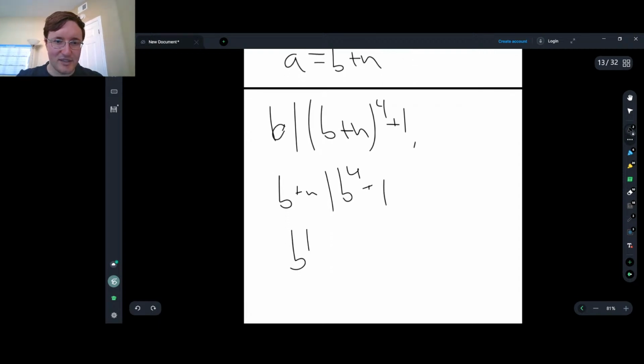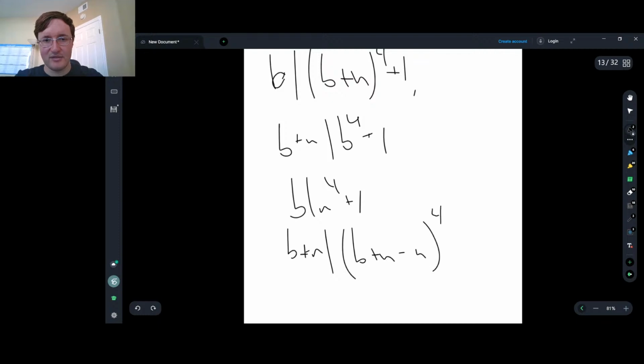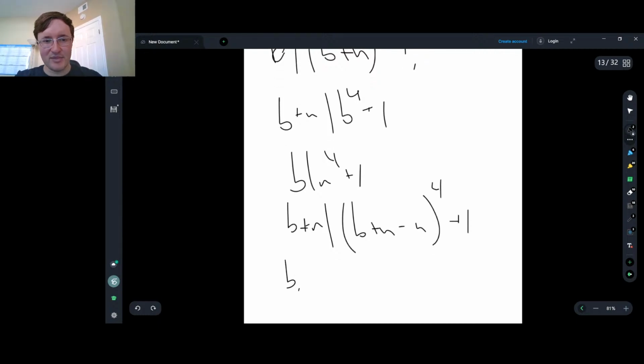So B divides N to the 4th plus 1. And B plus N divides B plus N minus N to the 4th plus 1. Oh, wait. No, sorry. B divides N to the 4th plus 1, and B plus N divides B to the 4th plus 1.